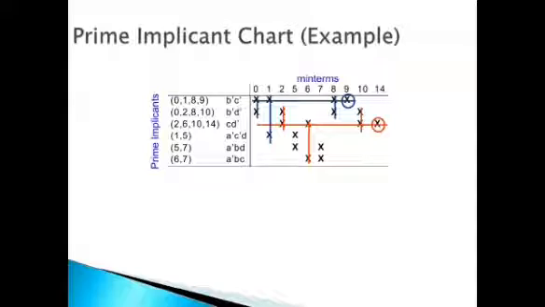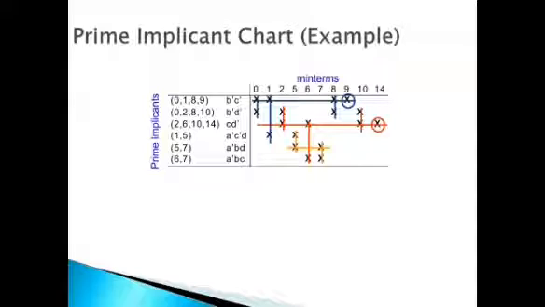Now we are looking that min terms 5 and 7 are not contained in this tree. So we have to find out one more essential prime implicant for the coverage of min terms 5 and 7. Now, if we see this combination, that is 5 comma 7, it is covering both min terms 5 and 7 with the other connected terms of the Boolean expression.